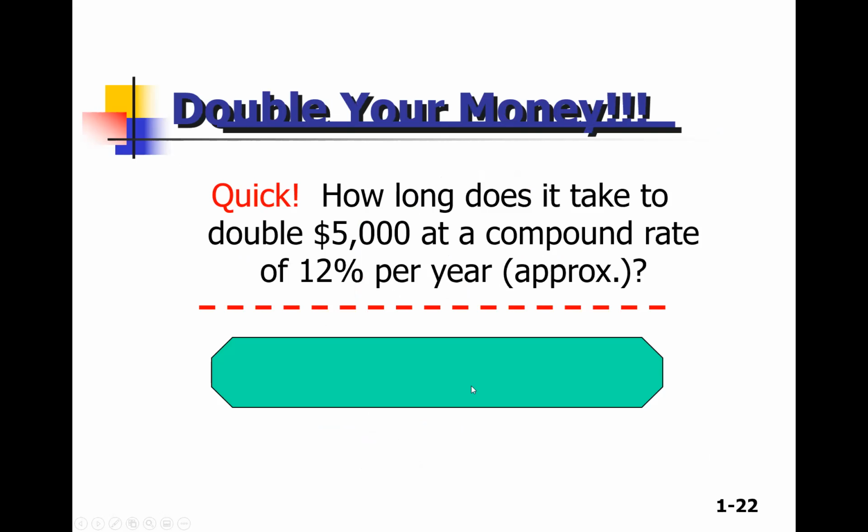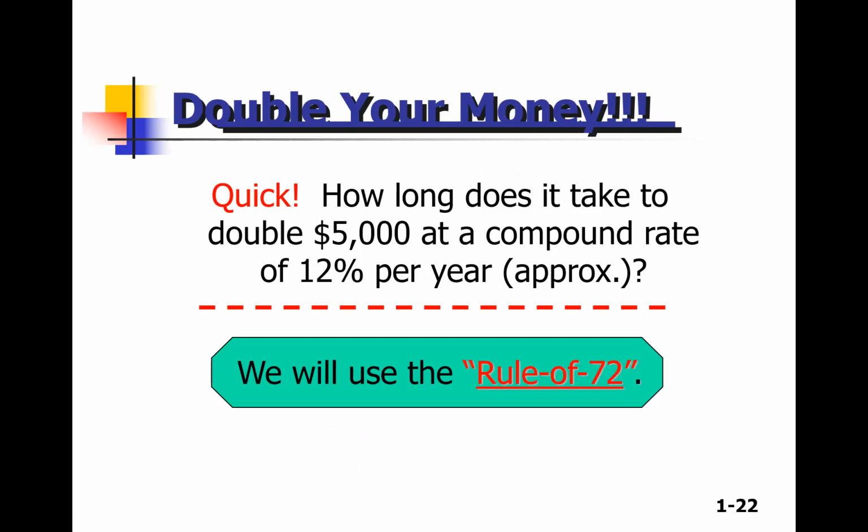Now another interesting question: sometimes you will be asked how long it will take to double some amount, and a compound interest rate is given. Like if you are given that you have 5,000 and the interest rate is 12%, how long will it take to double your amount?